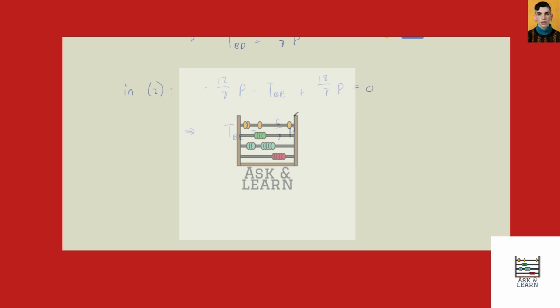But we are given the magnitude of P. We are told P is equal to 445 newtons.